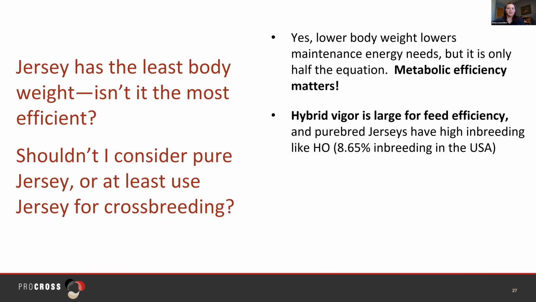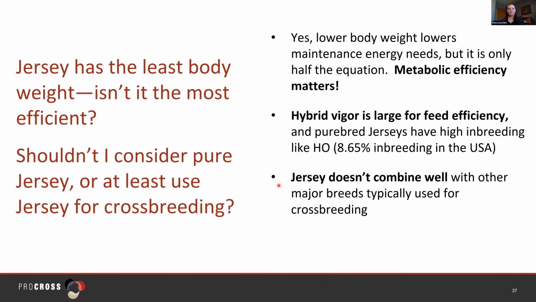We see this certainly when we look at other species, particularly feed efficiency in beef cattle and in pigs. That's really the crux of steering away from pure Jersey, where in the US and in some other countries, they do in fact have a high inbreeding coefficient. And that high inbreeding works in equal and opposite effect to the hybrid vigor from crossbreeding.